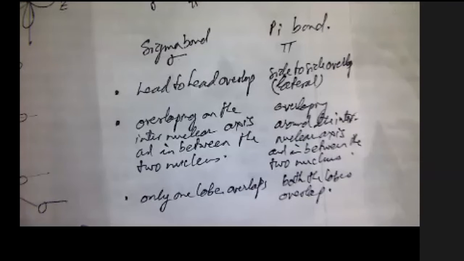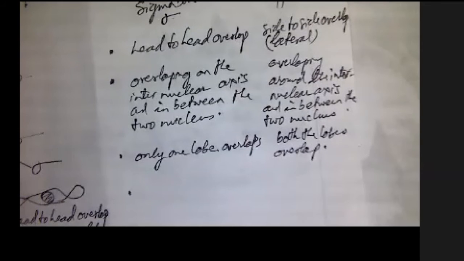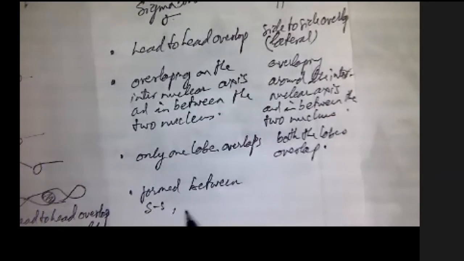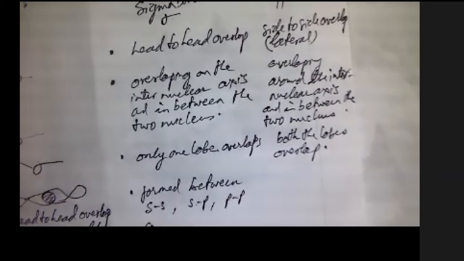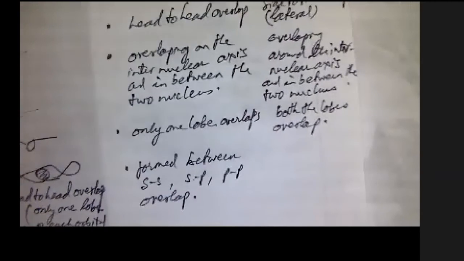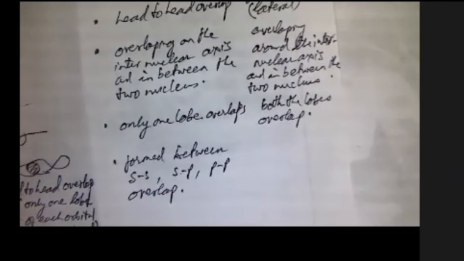Isn't it? The next one, what will happen? This is formed between SS, SP, PP overlap. Isn't it? SS, SP, PP. All this will form sigma bond.